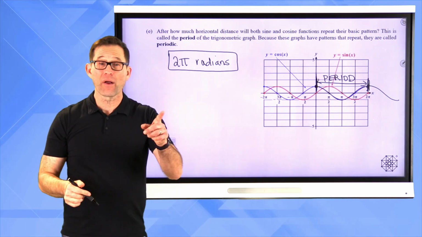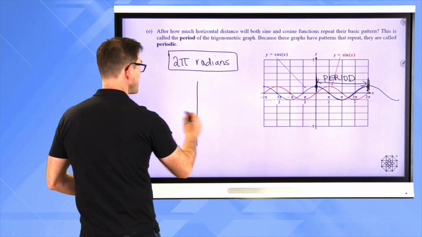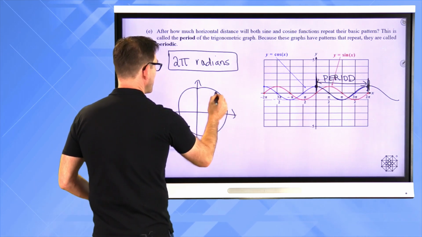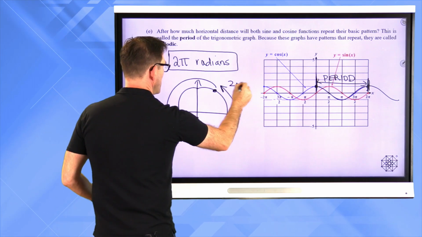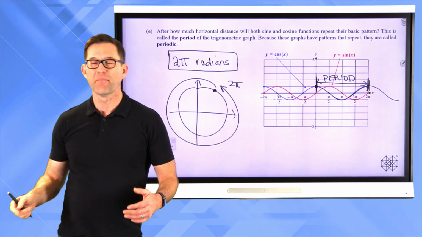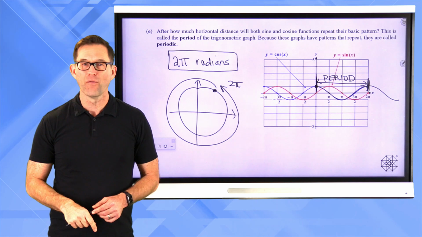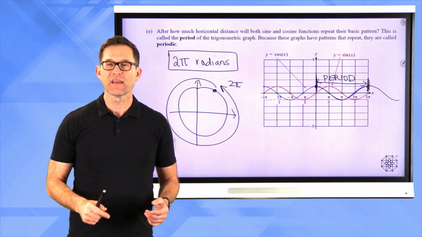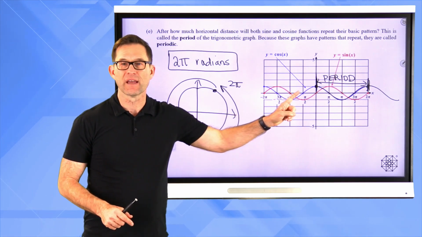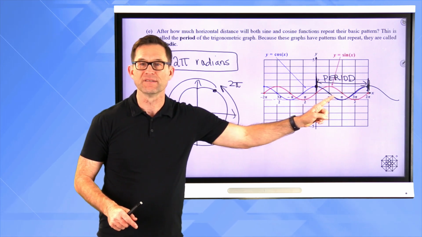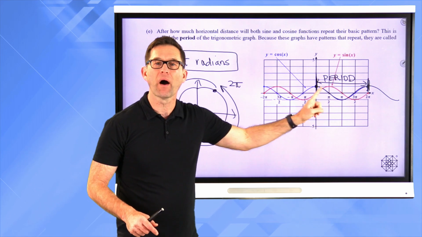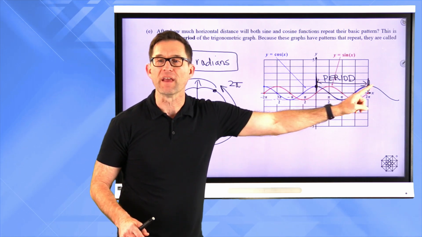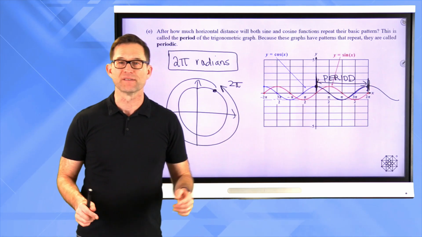And it doesn't matter where we start on the unit circle. If I started on the unit circle here, let's say, I would still have to travel 2 pi radians to get back and begin my pattern all over again. Now, that's not to say that, let's say right here at pi over 2, you don't hit 0 again here. But I have to go through an entire 2 pi radians before the entire thing repeats itself.